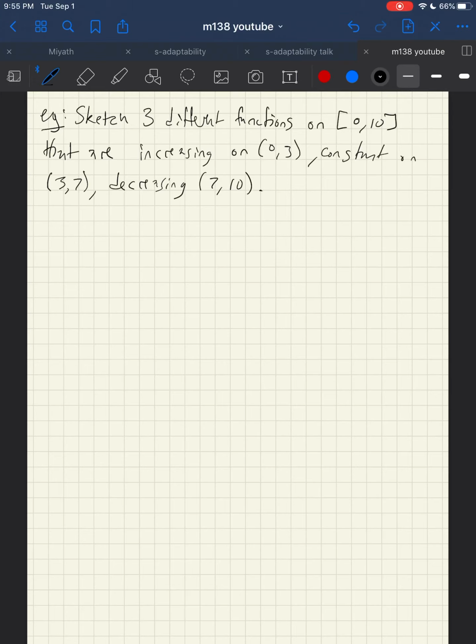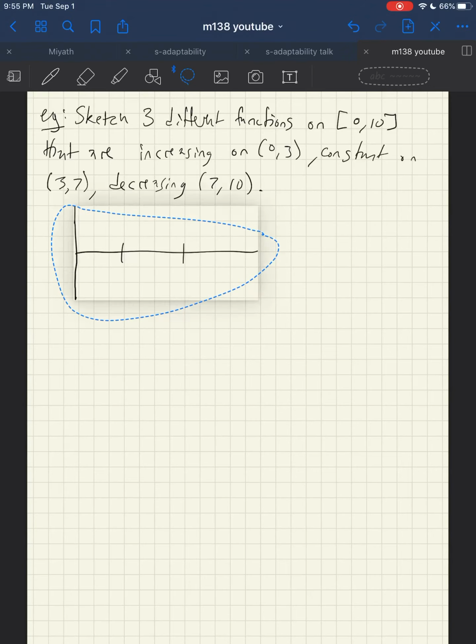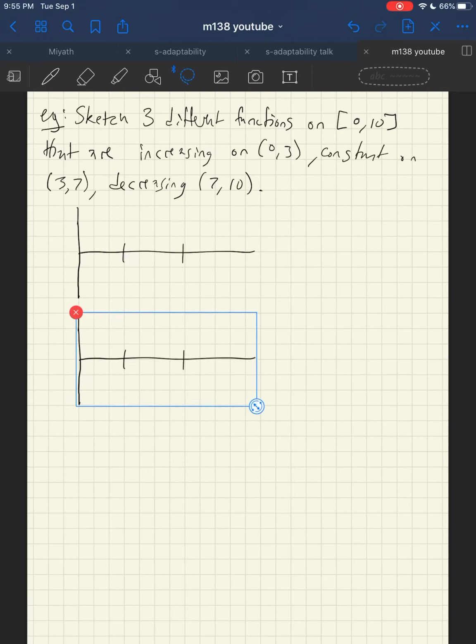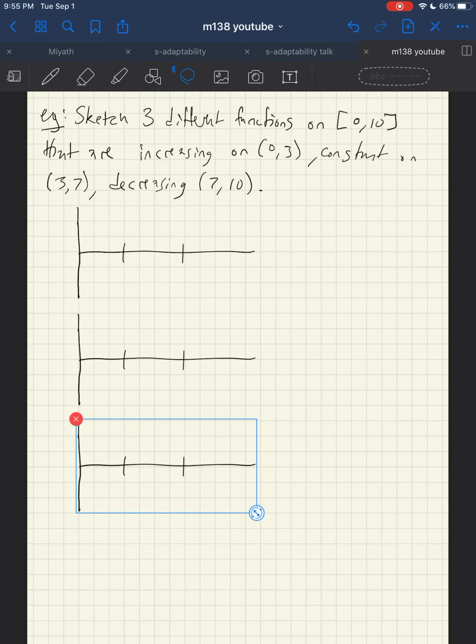All right, so I'm going to just sketch a few, and then we're going to answer some questions about these in a moment. So let's have one that's increasing from 0 to 3. Actually, I'm going to kind of cheat, and I'm going to copy this thing a few times so I can keep using the same picture here.